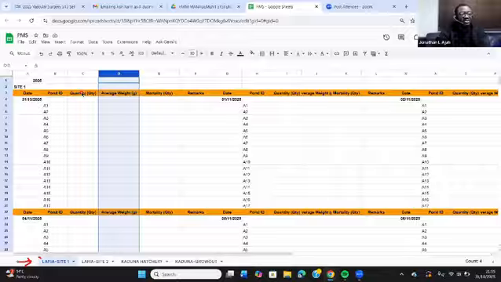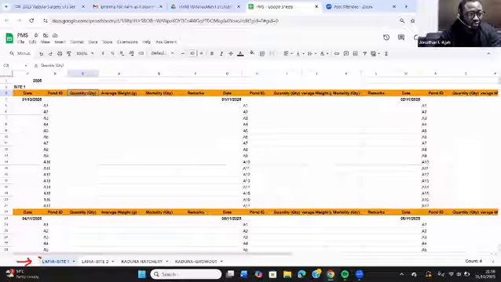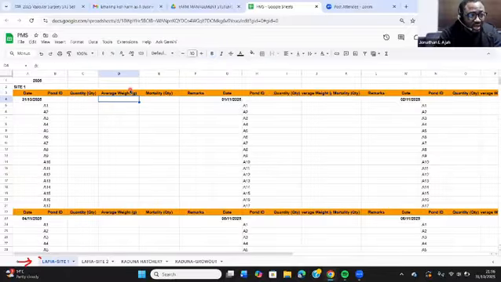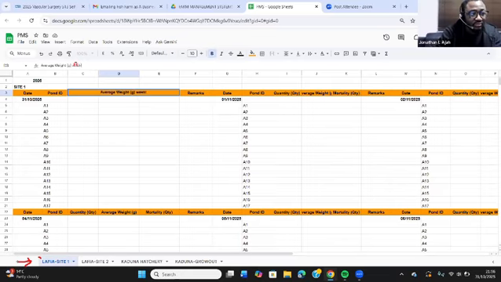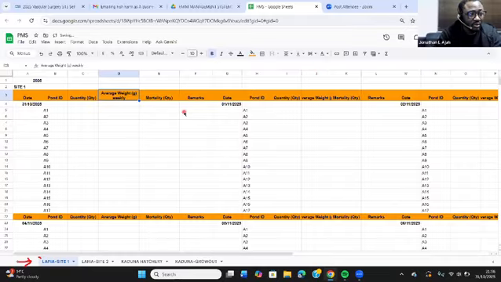Just to make things easy, the quantity and the average weight, these two values, for practical purposes you can measure weekly, if you count them weekly.